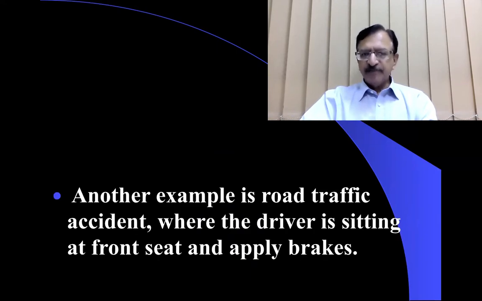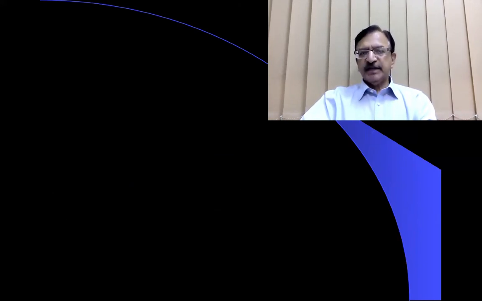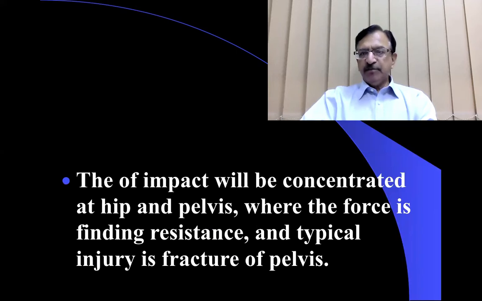Another example is a road traffic accident, where the driver is sitting and applying brakes, and the impact will be concentrating at the hip and the pelvis, where the force is finding resistance, and the typical injury of fracture of the pelvis will occur.